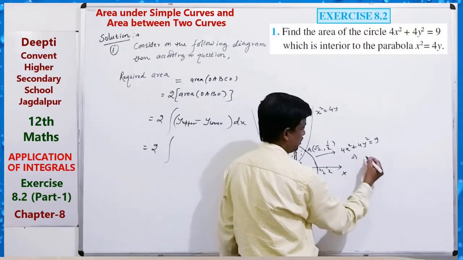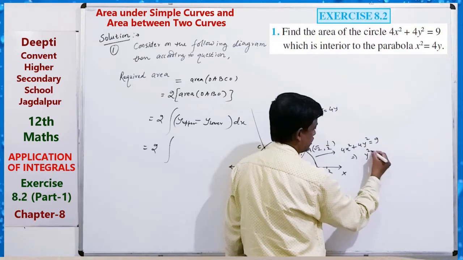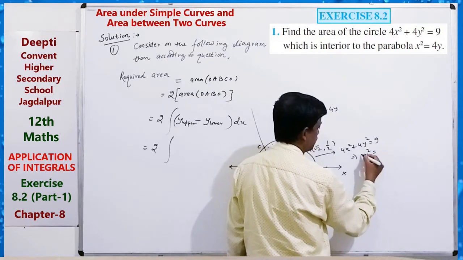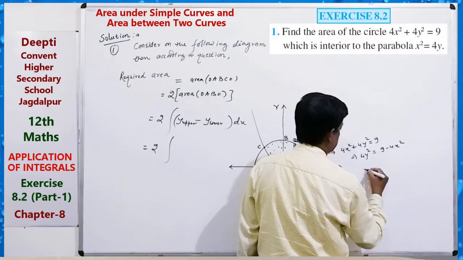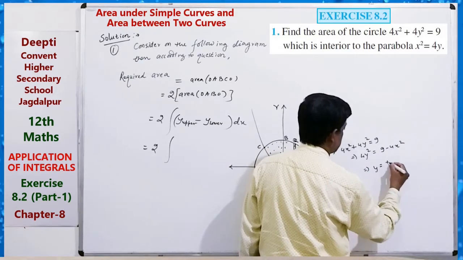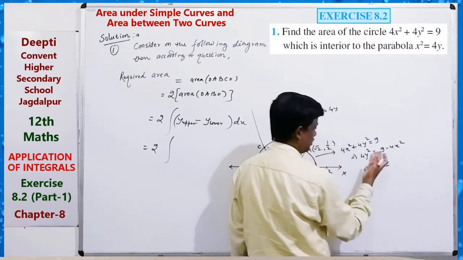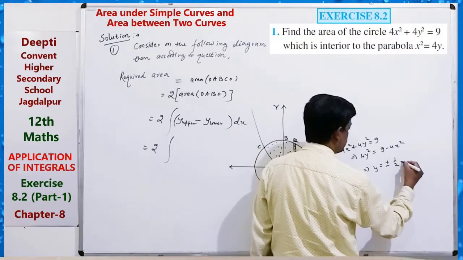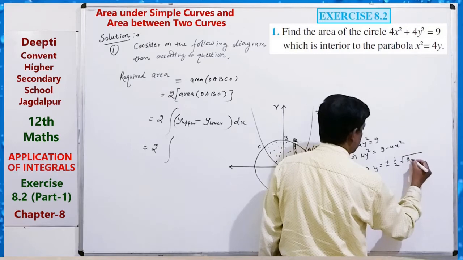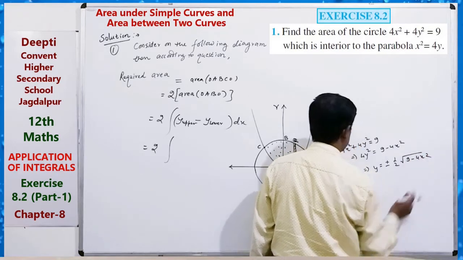Y equals to what? 4y square equals to 9 minus 4x square. So y equals to plus minus 1 by 2 root over 9 minus 4x square.